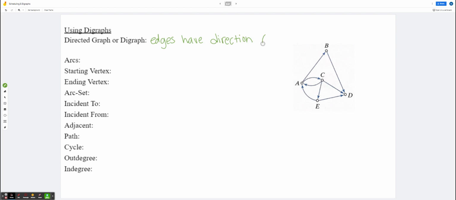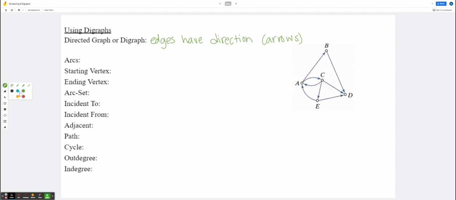The direction is going to be represented by arrows. Think of it as all of the edges being one-way streets. So you can only go this direction on the edge AB. You cannot go the other direction from B to A.